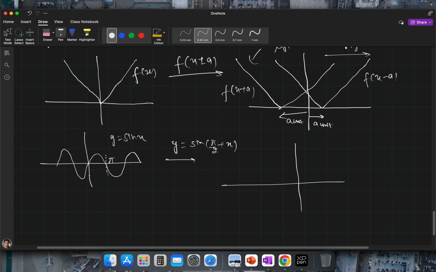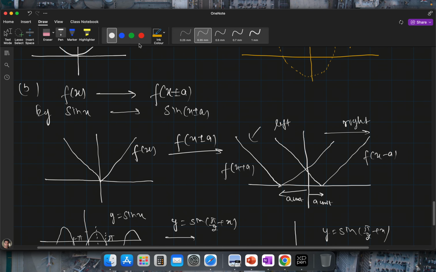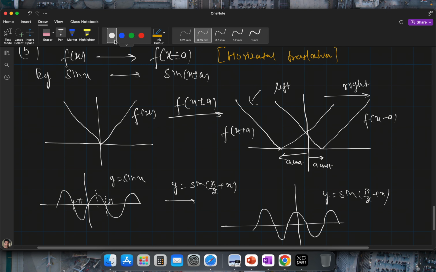Pi, right? This is pi, this is minus pi. If you shift this by pi by 2, then this point will be here. So this will be something like this. So this is y equal to sin(pi by 2 plus x). In this case we are doing horizontal translation.